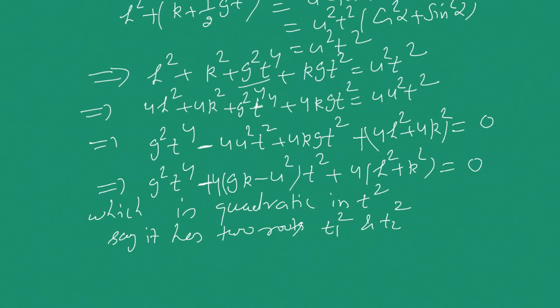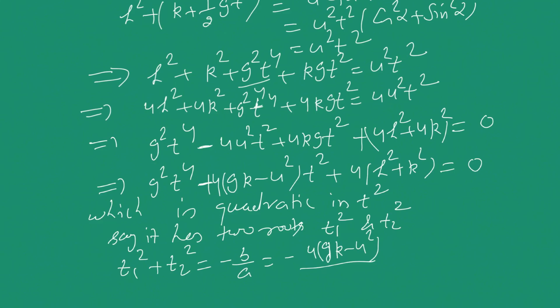So the sum of the roots formula is minus b by a. This will be minus 4 (gk minus u square) divided by g square, so this is equal to 4 (u square minus gk) divided by g square.